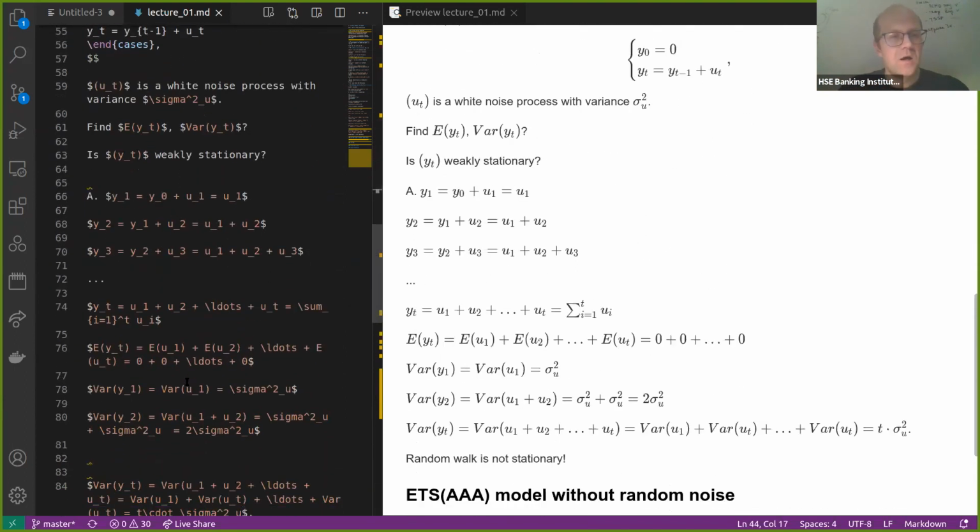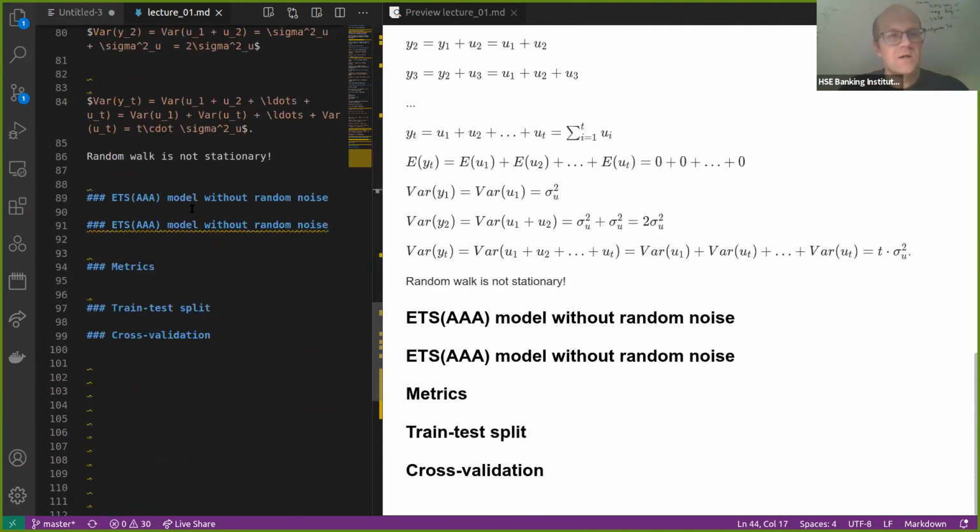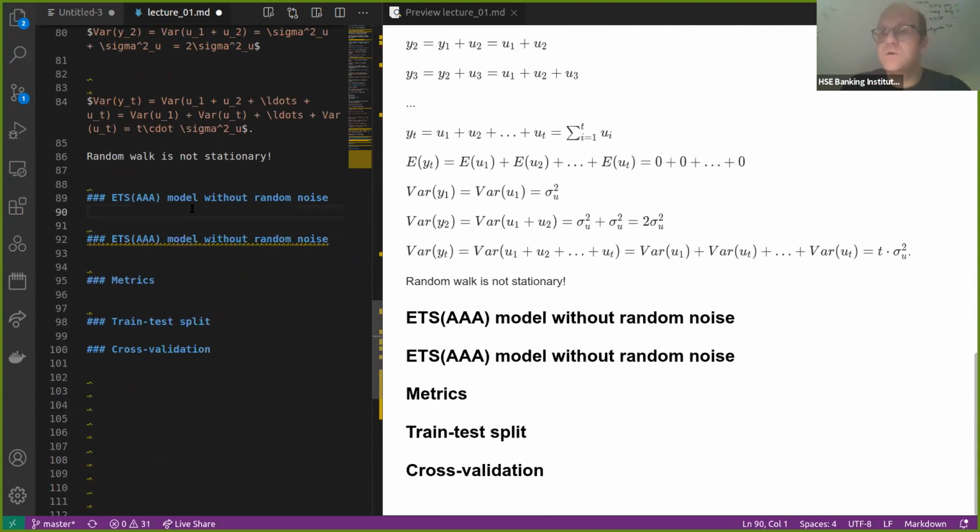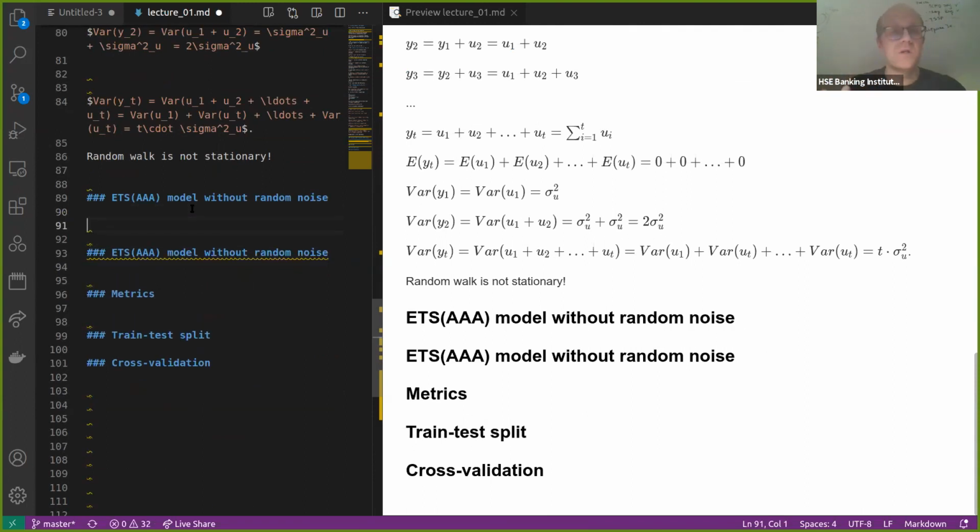Okay, let's move on to our model that is really used for forecasting. It's a simple model, but it's widely used to forecast monthly data. And even if you have a more complex model, not just ETS AAA, but a more complex model, you can use ETS AAA to make better predictions.